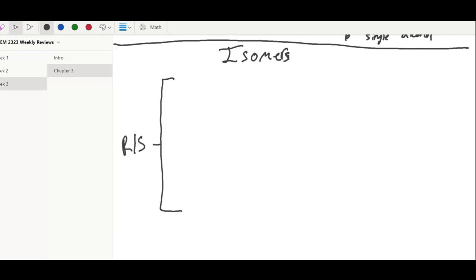So there's something called R and S we'll talk about. So this is an enantiomer. And this is diastereomer. So besides those two, there is also cis and trans, of course.